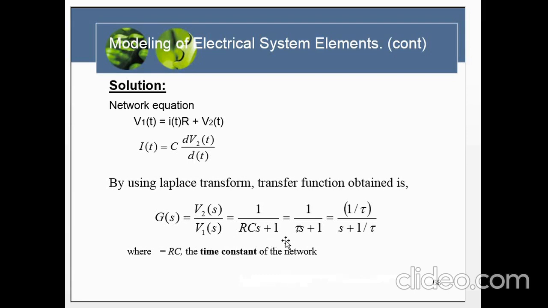If we assume RC equal to tau, then we get 1 per tau s plus 1, and if we divide numerator and denominator by tau, we get 1 per tau per s plus 1 per tau, where RC is the time constant of the system.